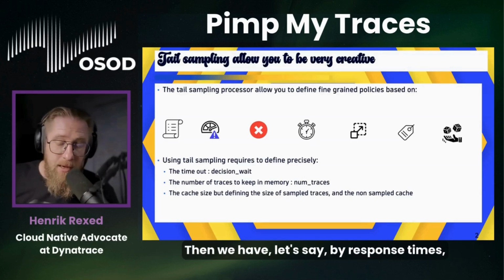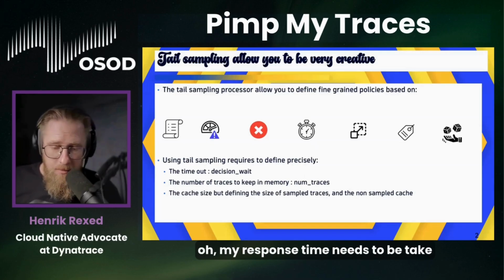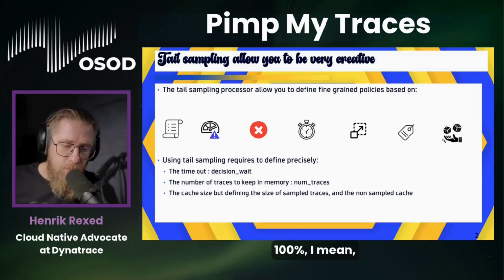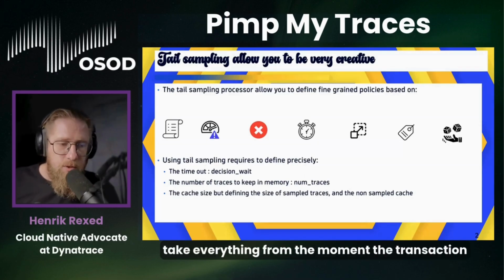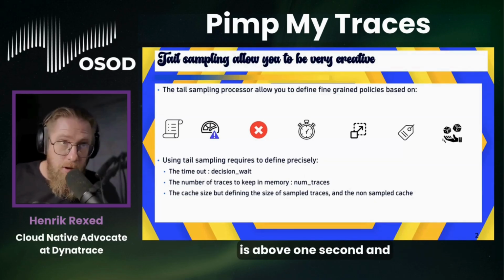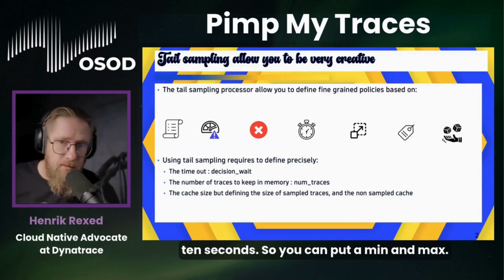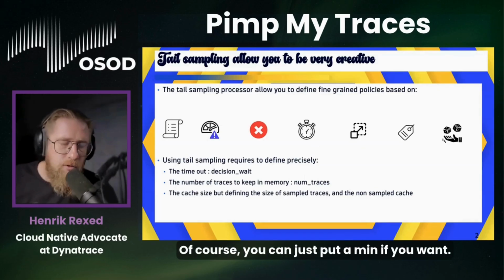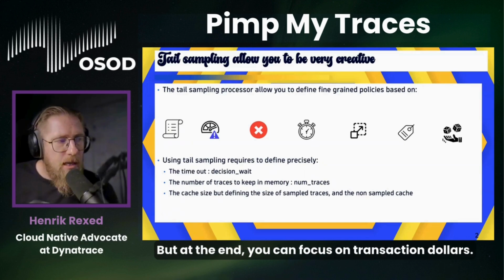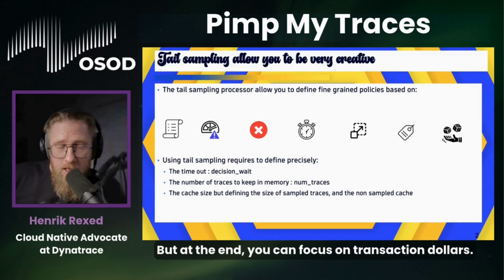Then we have, let's say, response times. Take 100% of everything from the moment the transaction is above 1 second, and above 5 seconds and 10 seconds. You can put a min and max, or of course just a min if you want. But at the end, you can focus on transactions that are slow.